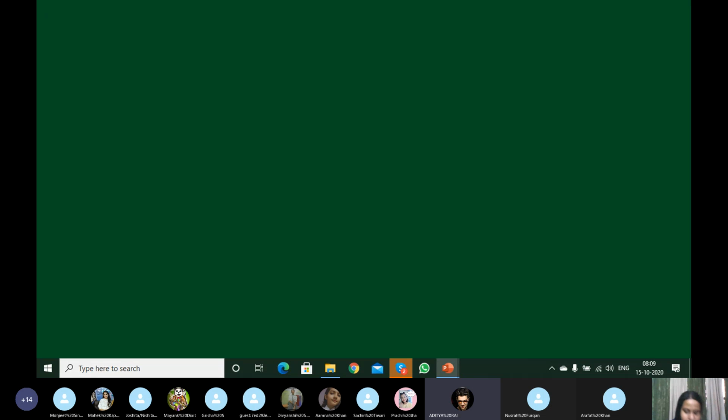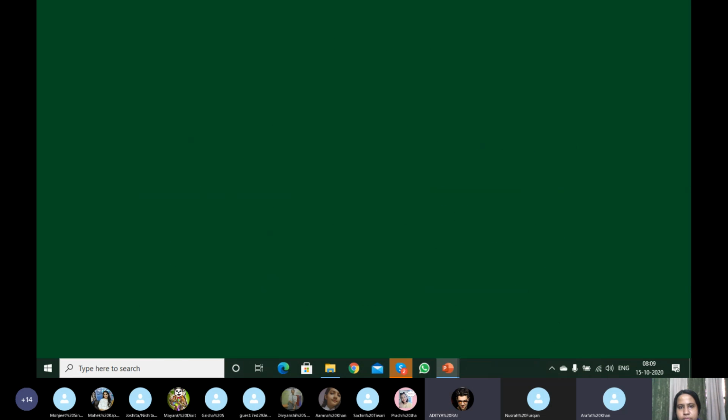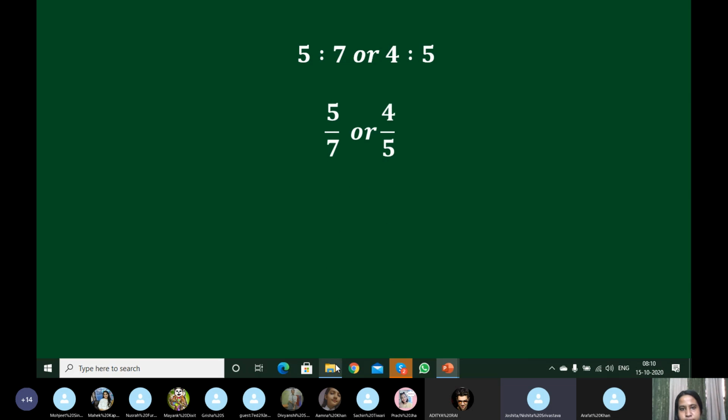The next one I have taken is: which is greater, 5:7 or 4:5? We'll do the first step. What will we do for this question? Yesterday we converted them into fractions.